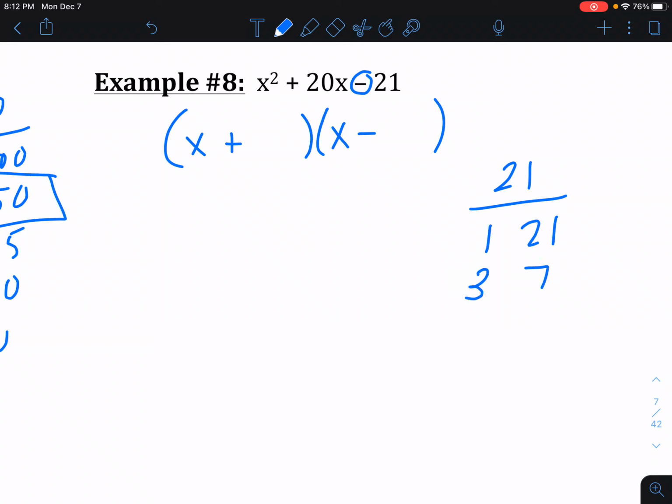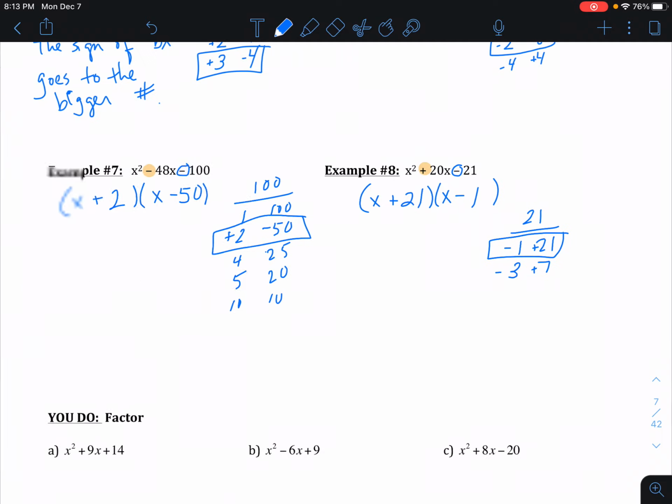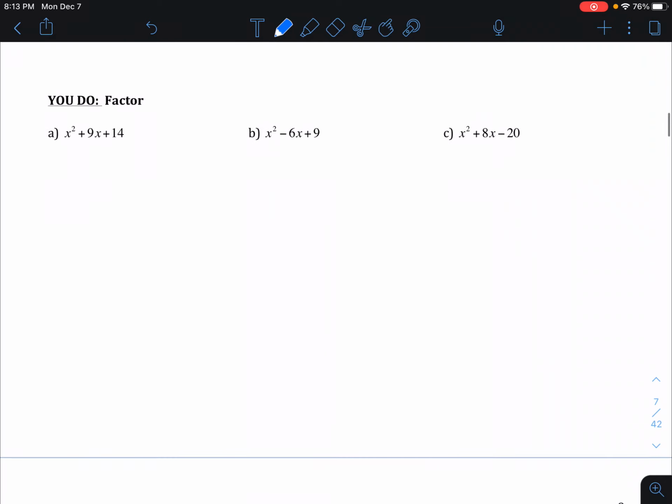So look at your B term. Sign of B is a plus. Sign of B goes to the bigger numbers, so the smaller numbers get minuses. Which pair do I need? They have to subtract to get 20. So that would be negative 1 and plus 21. Negative 1 plus 21 is 20. Easy stuff here today.